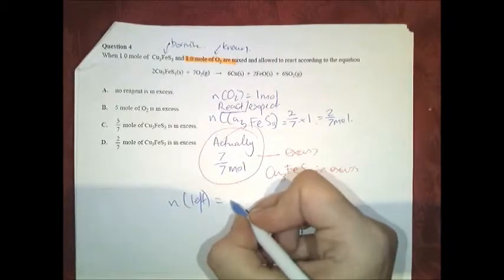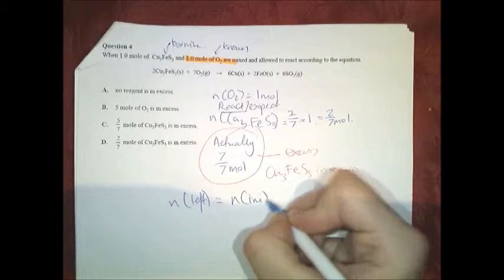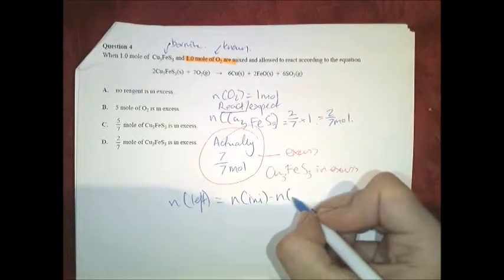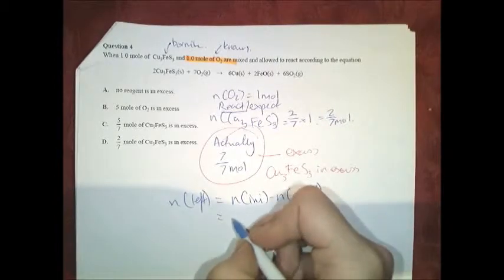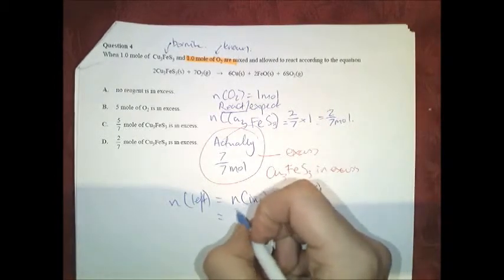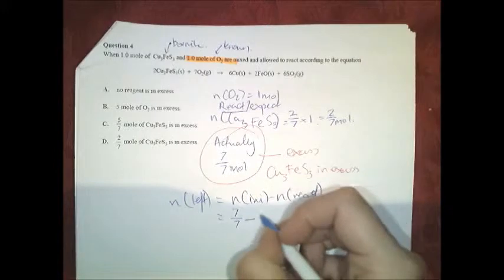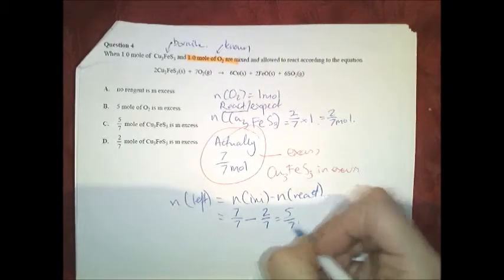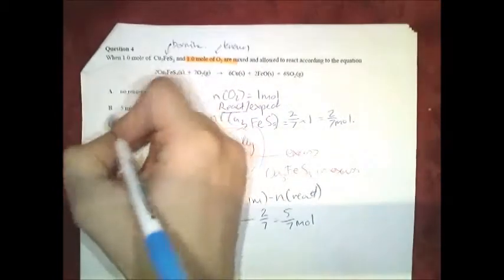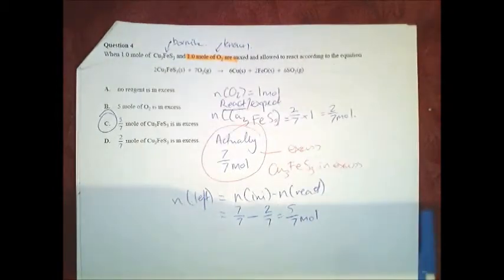Like we always do it, the moles initially minus the moles react equals the moles initially is 7/7 minus the moles react, which is 2/7, equals 5/7 mole. In other words, C. Okay, I hope you enjoyed that.